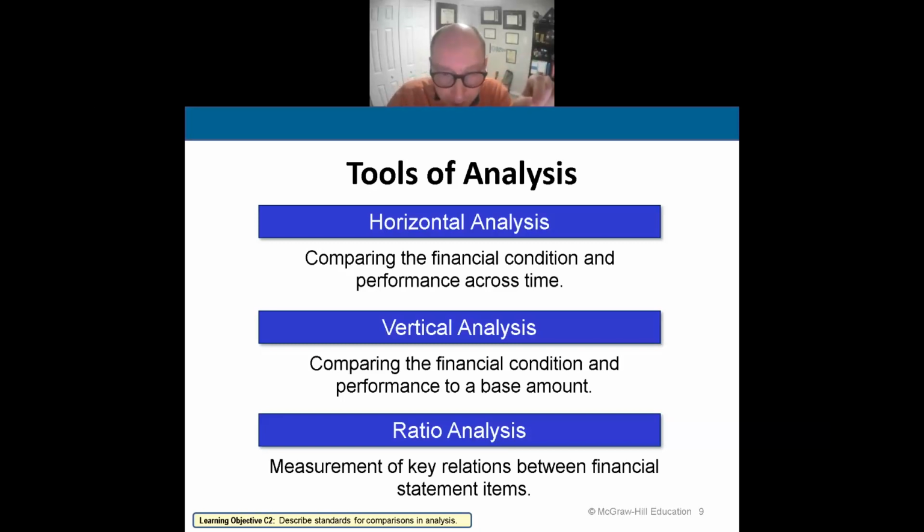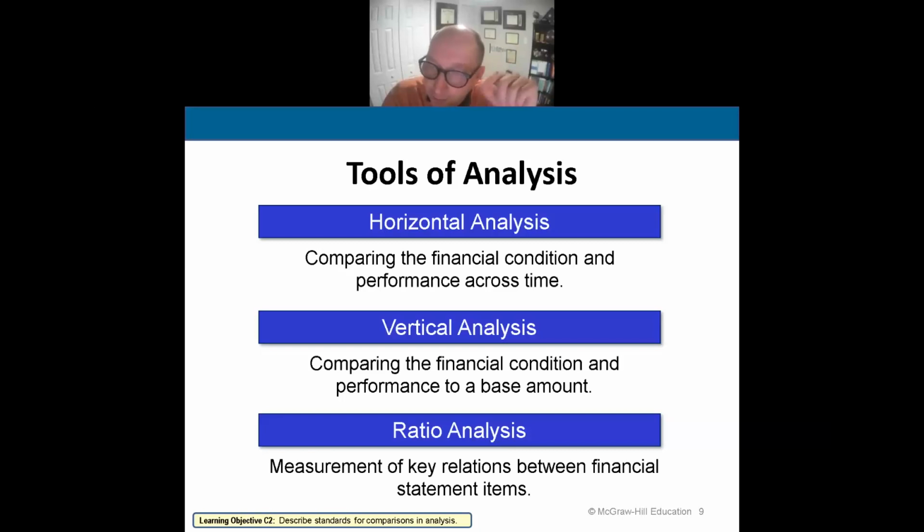If I look at my income statement and it shows me my sales, revenue, and my expenses and my net income, I can compare my revenue of 2022 to 2021 to 2020. I can compare my revenue for those three years. That's what it means to compare the financial performance across time, from year to year.